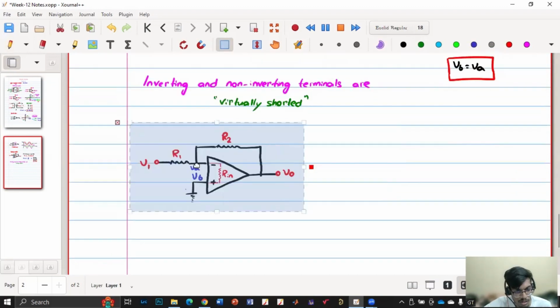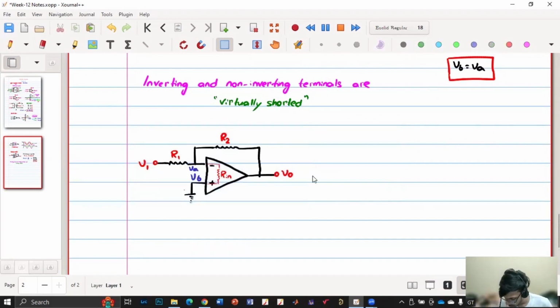Okay, so this is our circuit. Now VA and VB are 0. If Rin is infinite, the current drawn by it will be 0. So the current entering the op amp will be 0, and whatever current is coming over here will pass in this way.